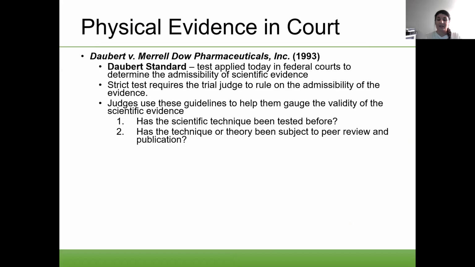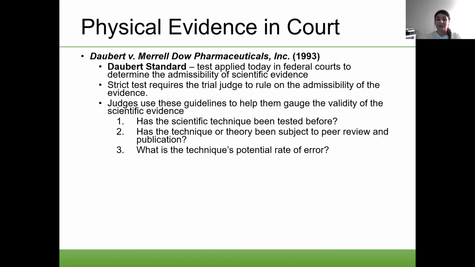The results from this new technique or theory need to be subject to peer review, so other forensic science experts look at this data and try to replicate it, and if they can replicate it, then they think it's valid as well. And then you publicize the results, and other researchers can do the same technique as well to make sure it's valid. And then after a period of time, it can be considered concrete and used frequently.